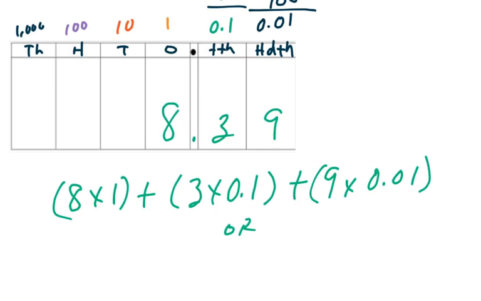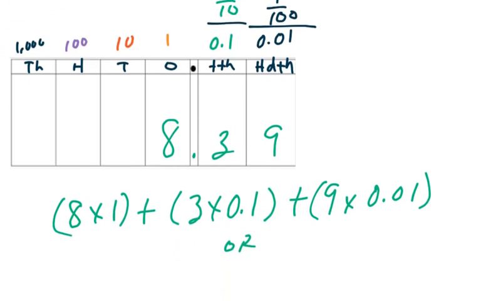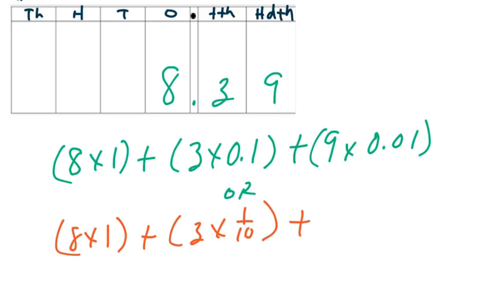Or you can also see it this way, because you can see it multiplied times a fractional representation other than the decimal representation. 8 times 1 plus 3 times 1/10 plus 9 times 1/100th.